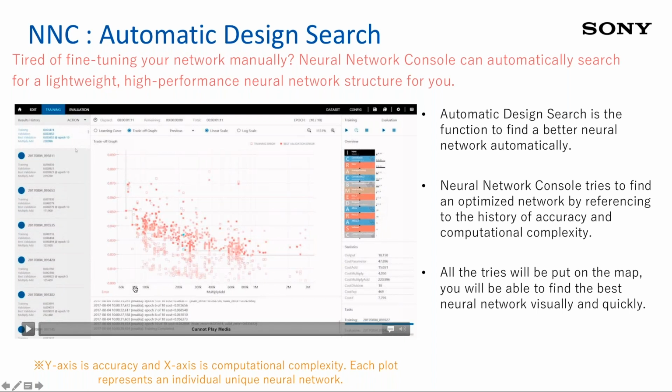Or by just looking at this graph, the y-axis is the accuracy, and the x-axis is the computational complexity. It depends on what your target is and what you need to achieve. And then you can think, okay, I will sacrifice some accuracy for the computation, or vice versa. So this is another one.